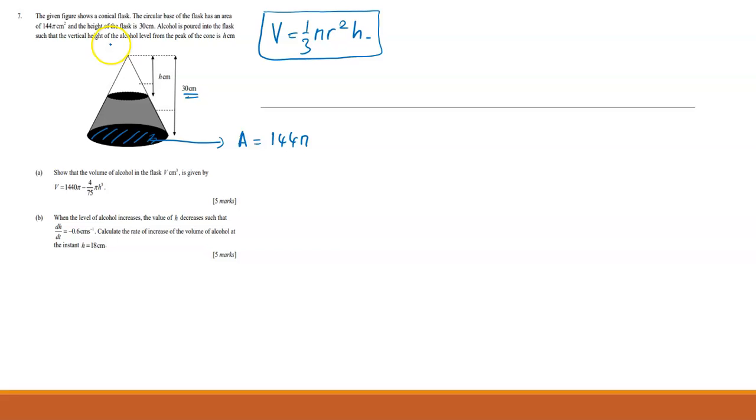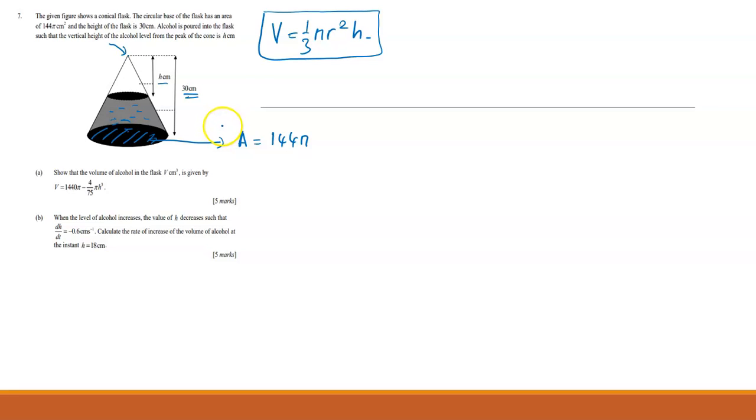Alcohol is poured inside the flask from the top, such that the vertical height of the alcohol level from the peak of the cone, to the surface of the alcohol, is h centimeter.